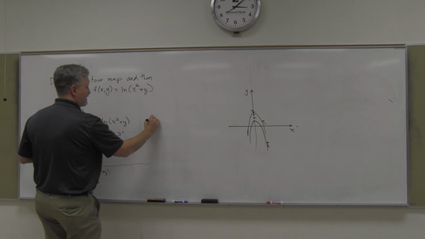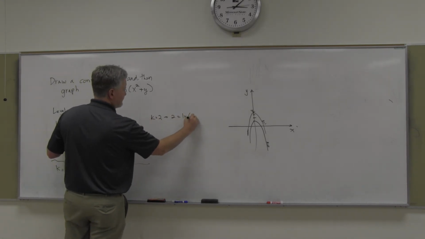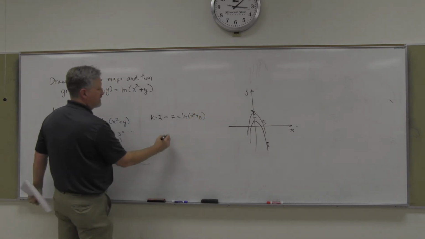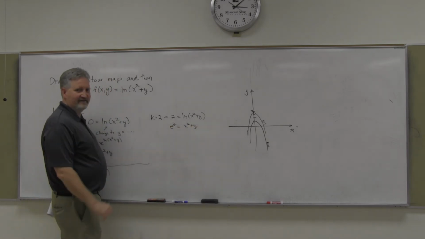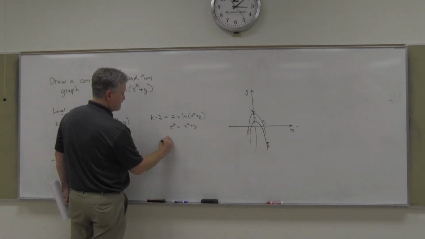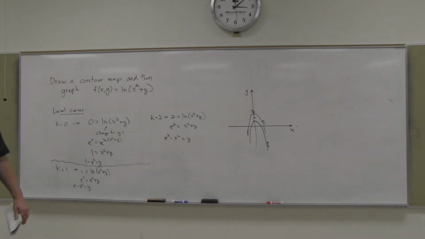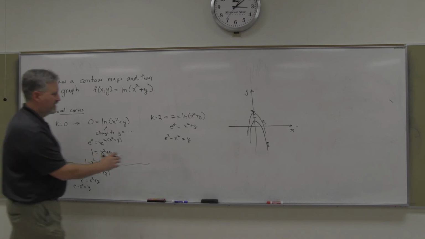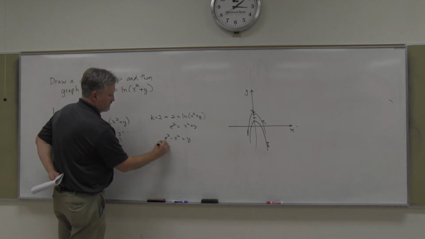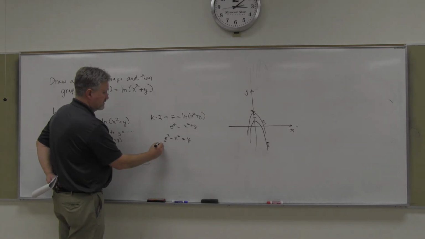K equals 2. We'd have 2 equals ln. Kind of gets repetitive after a while, but so that would be e squared equals x squared plus y, wouldn't it? So that's e squared minus x squared equals y. Let's see, what's e squared about? 2.72 squared. It's not quite 9. Somebody got it for me, approximately? e squared? 7.38.